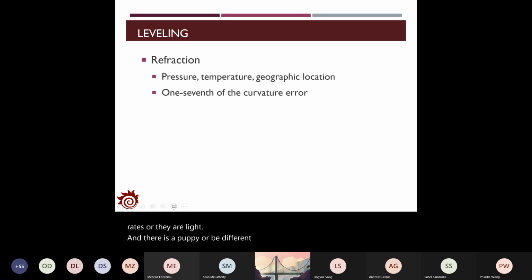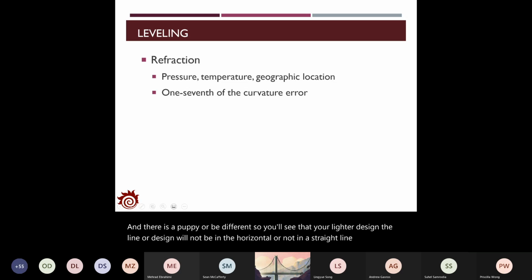So your line of sight will not be horizontal or in a straight line. There will be some curve along the line that you observe. And this is actually a very complicated process, so in surveying, we will usually find the average values.